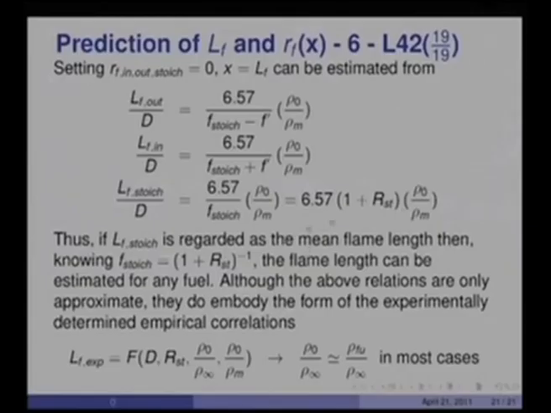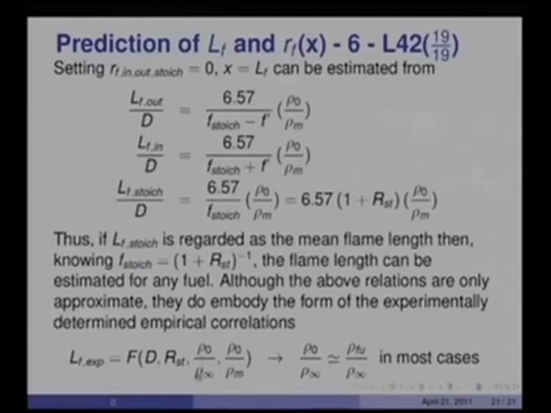Now, though the above relations are only approximate, they do embody the form of the experimentally determined empirical correlations. And what do they look like? The experimentally determined correlations for L_f show that L_f will be a function of D, as you have seen here. It will be a function of r_st, and of rho naught by rho_m and, in some cases, rho naught by rho infinity.